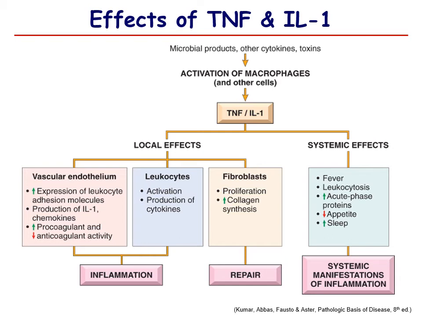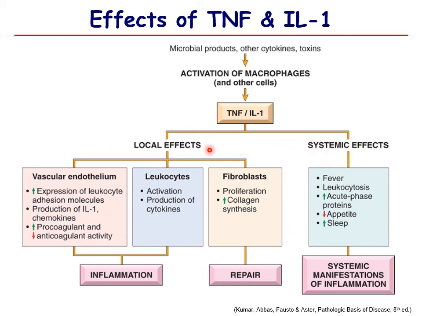Before we close the segment on acute inflammation, I would like to highlight the effects of inflammatory cytokines, TNF and IL-1, and the same principle also applies to interleukin-6. We know that TNF and IL-1 are produced by activated macrophages during acute inflammation, and their effects can be local or systemic.